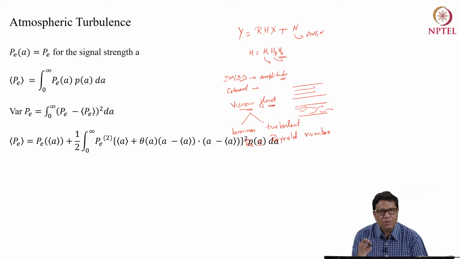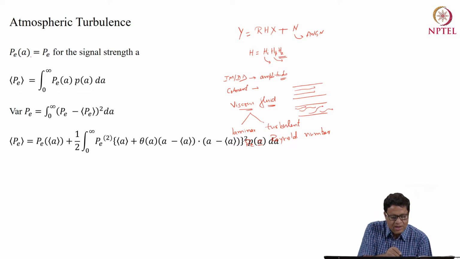The number of photons arriving fluctuates because of the turbulence. It's a random variable, so the probability of error depends on the signal strength.